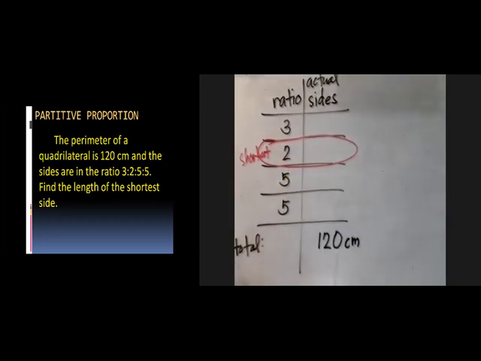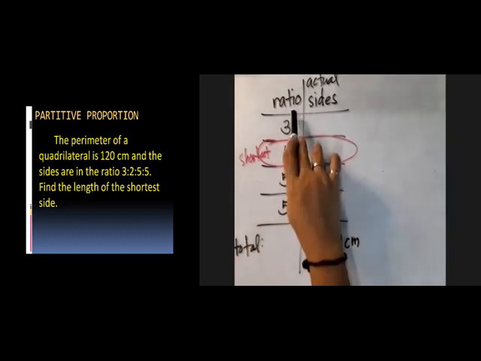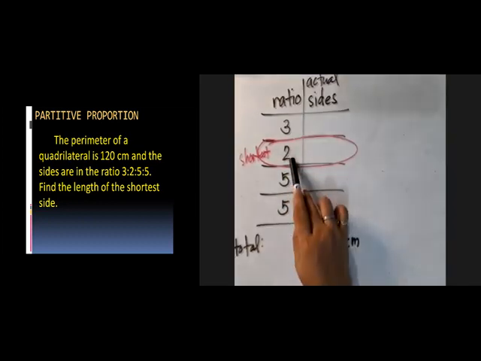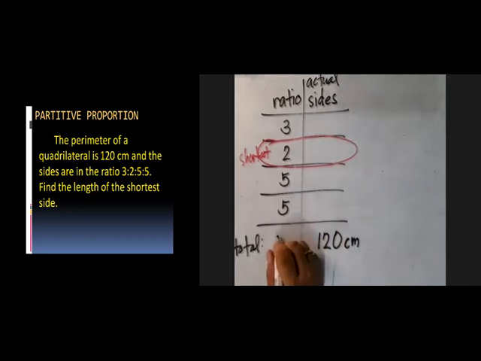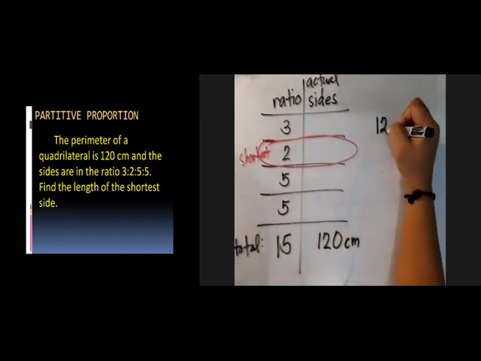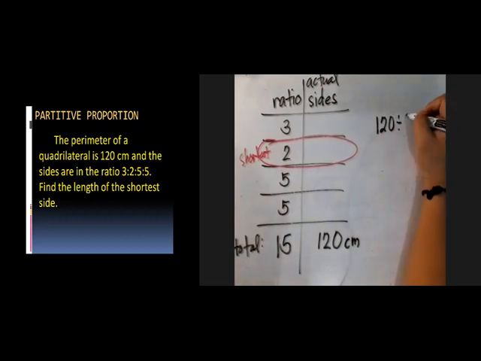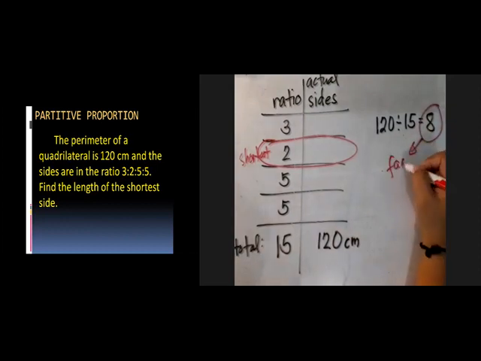Okay? Now, let's begin computing. First, for the total of the terms. 3 plus 2 plus 5 plus 5 is 15. So, that means yung actual natin na perimeter, yung total natin, which is 120, divide that by 15. This will be equal to 8. Okay? And this 8 is now our factor. Okay? Factor.